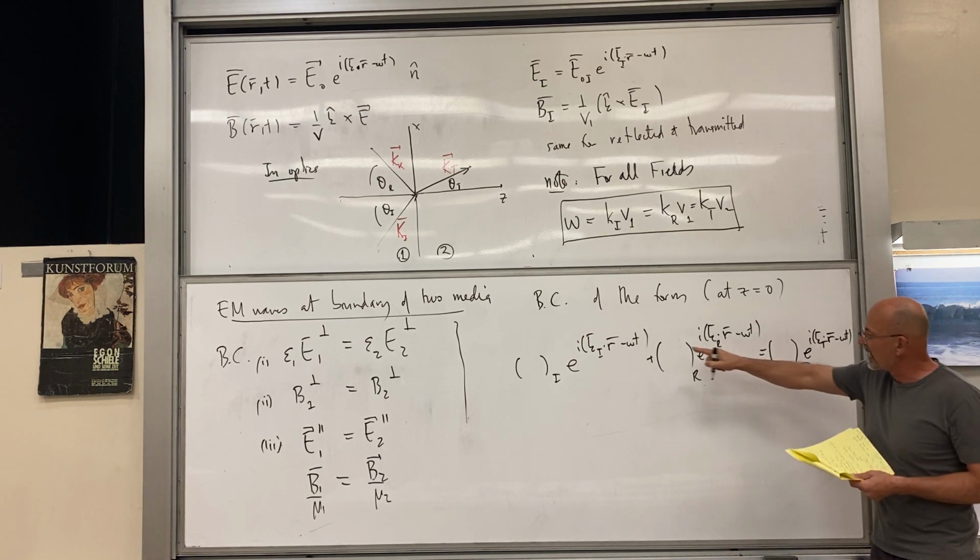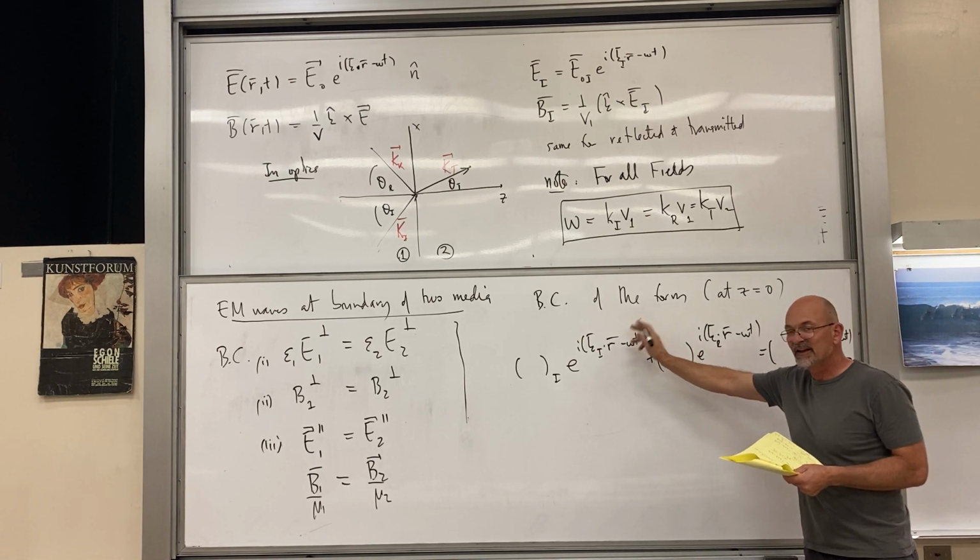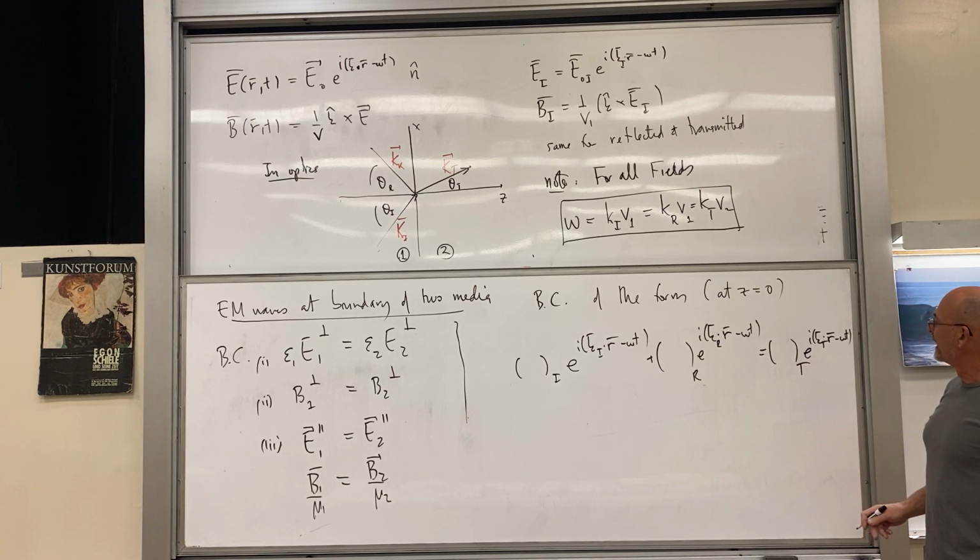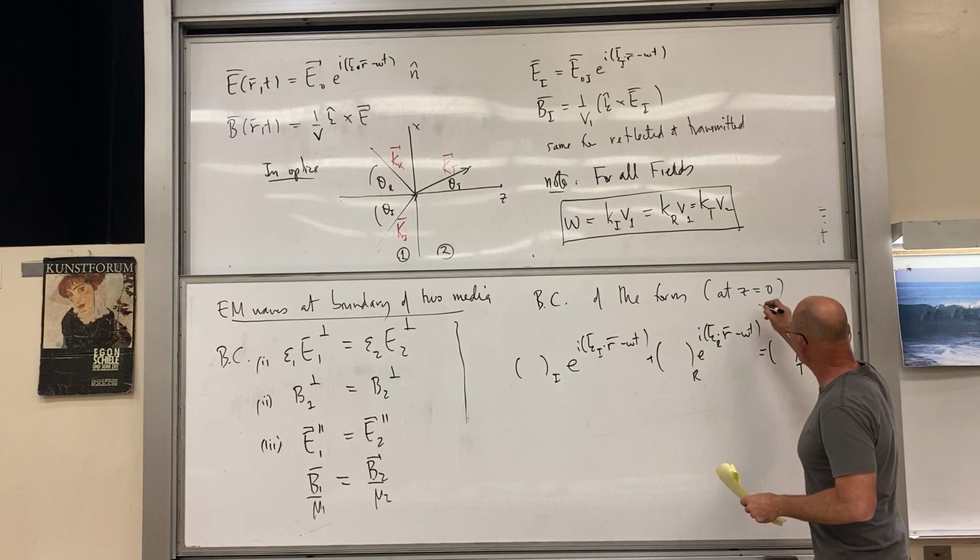So obviously the e to the minus i omega t cancels from the whole thing, and this is at z equals 0.